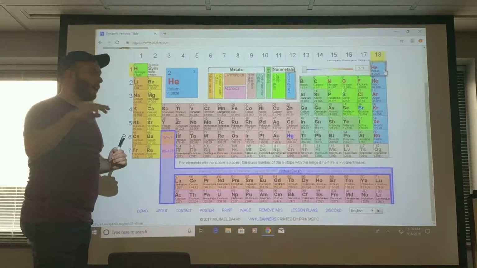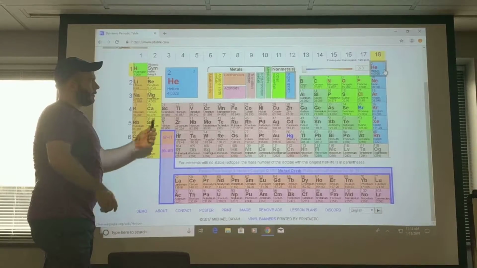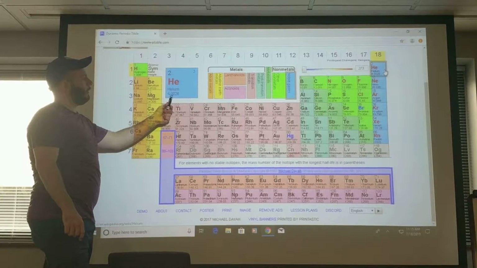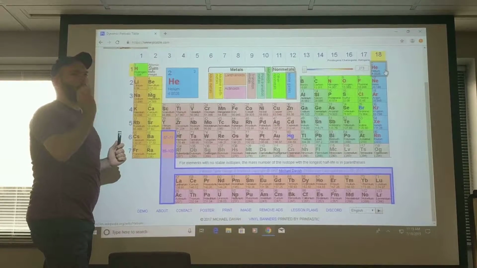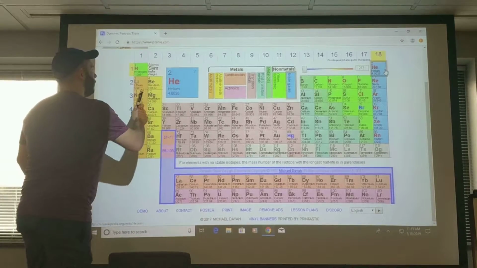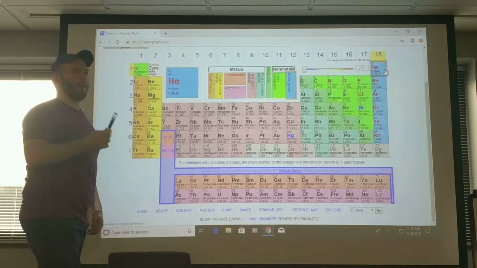We're not going to talk about those yet. So, on average, the average helium atom has 4.0026 protons and neutrons in it. Another element, for example, lithium, has 6.94 protons and neutrons.